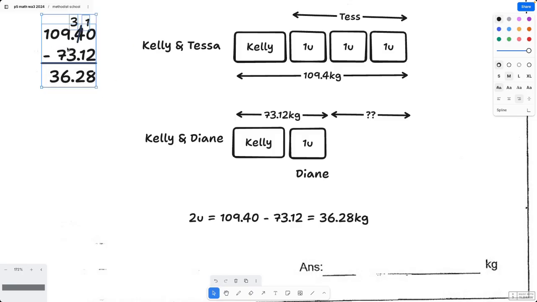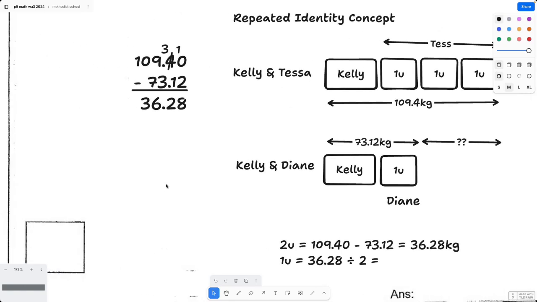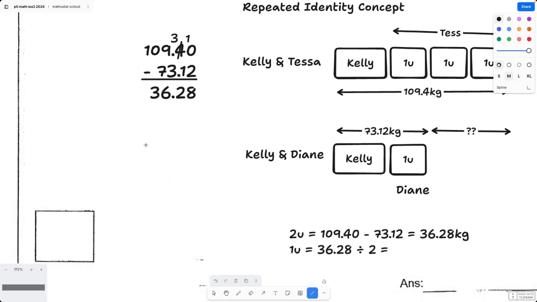Then Diane is basically 1 unit. So 1 unit is equal to 36.28 divided by 2. Let's do the working for that. So 36.28, we box them up, and we are dividing by 2.